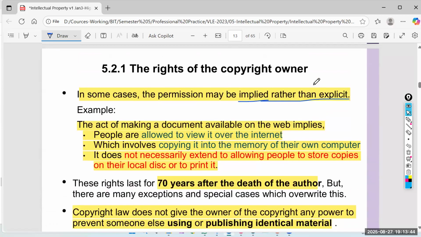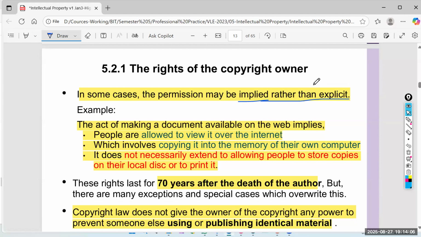So when it comes to copyrights, it's more implicit. There are some rights which are very explicit, like patents. You get the patent certificate, but for copyright, that is not the case. You don't go and register your copyrighted material anywhere.